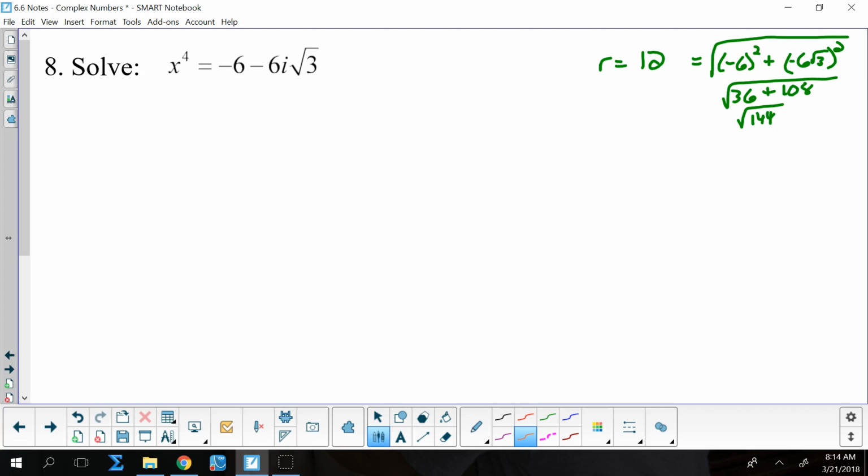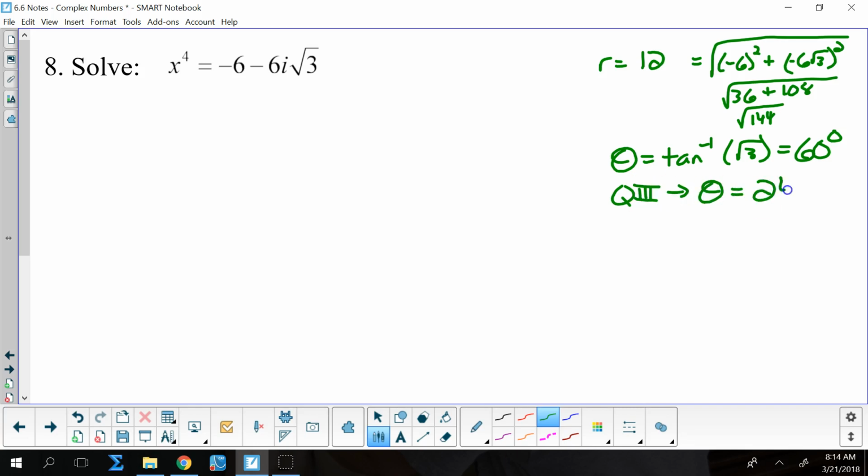Okay? So then we have to find theta. Theta is going to be the inverse tangent of the square root of 3, which is 60 degrees. And this is in quadrant 3, so that means my actual theta is 240 degrees.